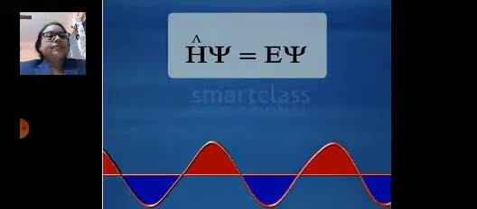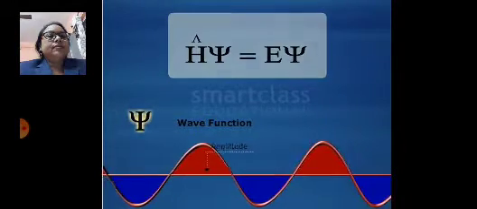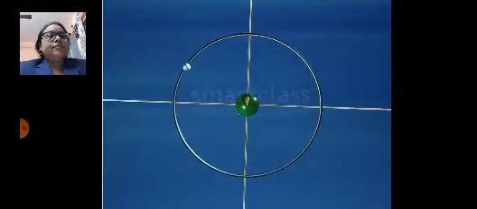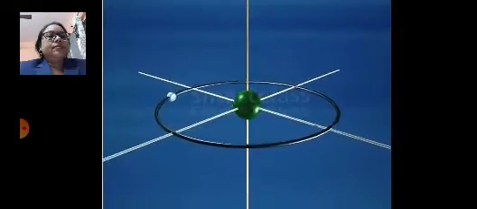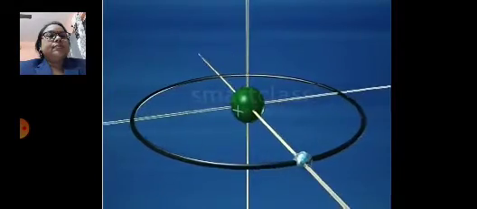The wave function psi simply represents the amplitude of the electron wave. However, psi squared gives the region in space around the nucleus where the probability of finding an electron in an atom is maximum. This three-dimensional region is known as an orbital.